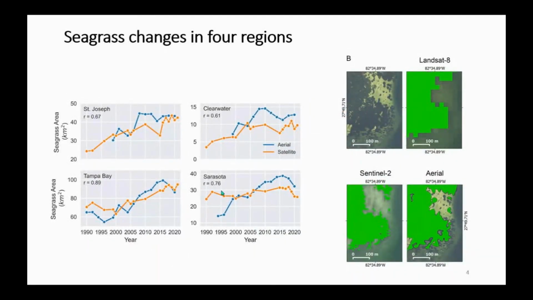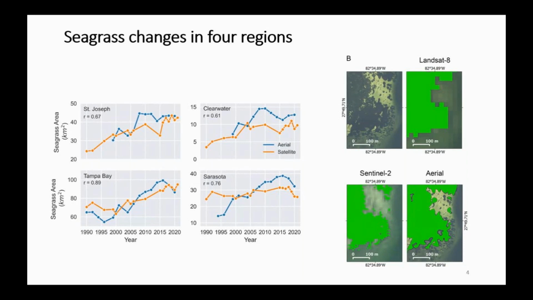So the results: what we have here is the comparison of seagrass cover trends between the satellite and aerial products. We did not expect to get identical trends because these are two different methods and different products.